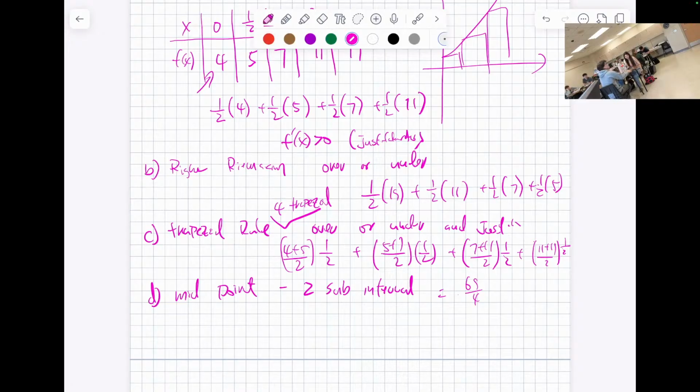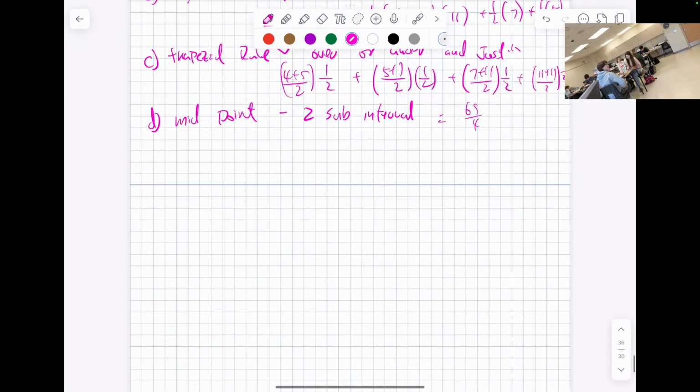So are they over or under approximation, and why? It's actually over, because the function is increasing like this, right? It's exponential growth.